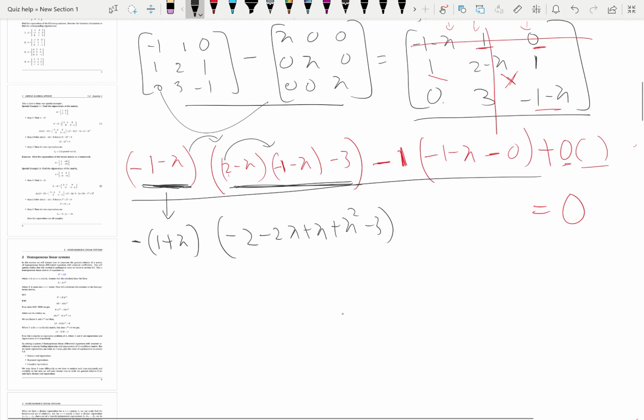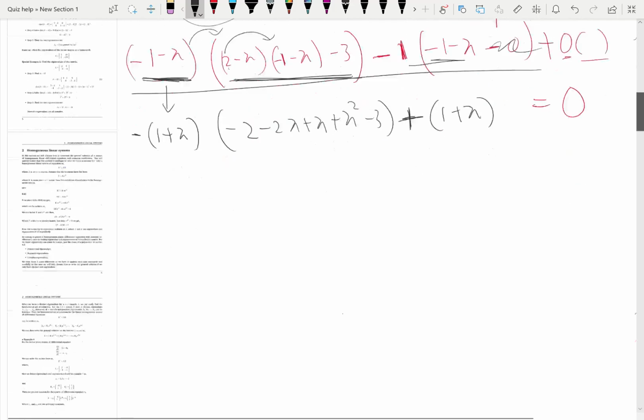Here nothing to expand. Negative 1 times negative 1 minus lambda is 1 plus lambda. So let's write it nicely: plus a bracket for this term, 1 plus lambda. It's nice to have brackets like this. I will show you the advantage in a minute.